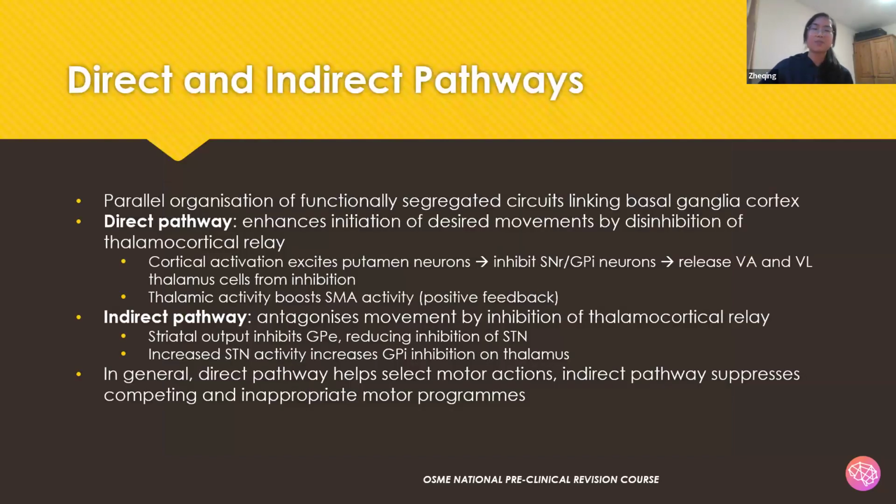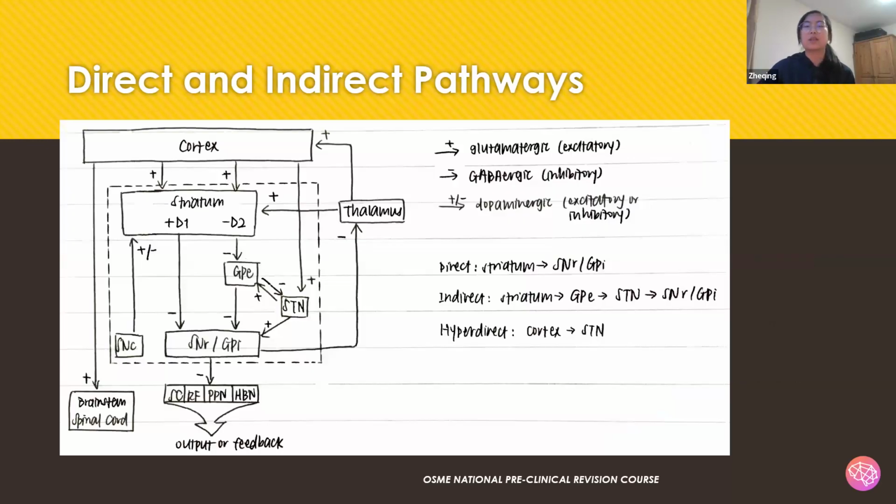So now we move on to the direct and indirect pathways. This slide I think is not very helpful, so I actually drew a diagram which explains the two pathways.